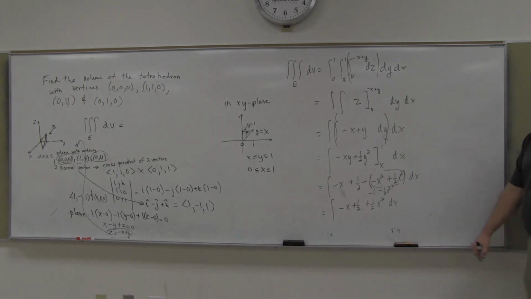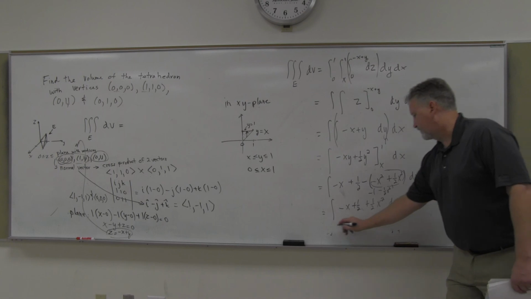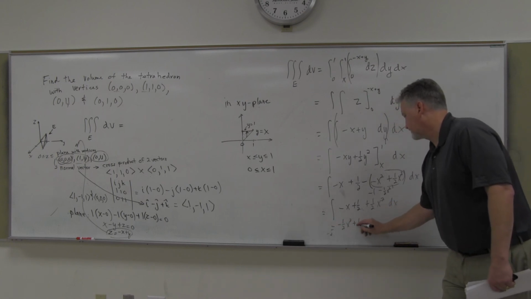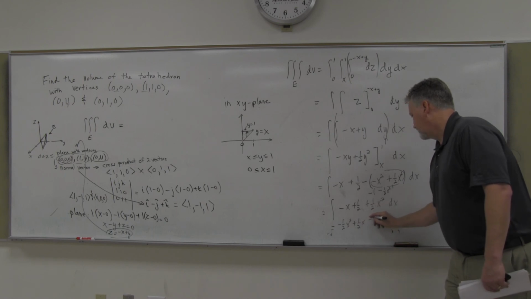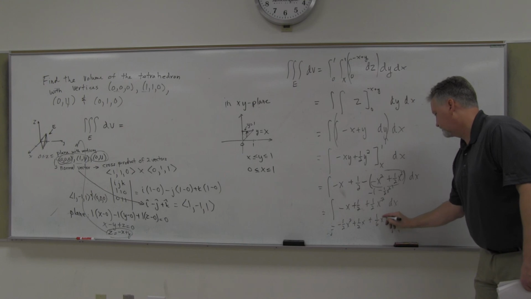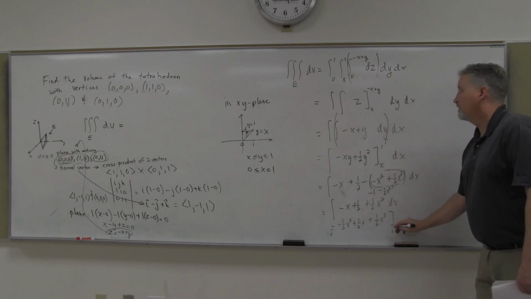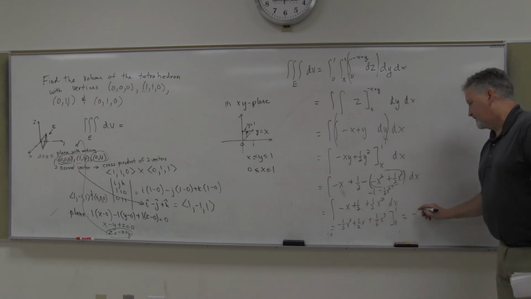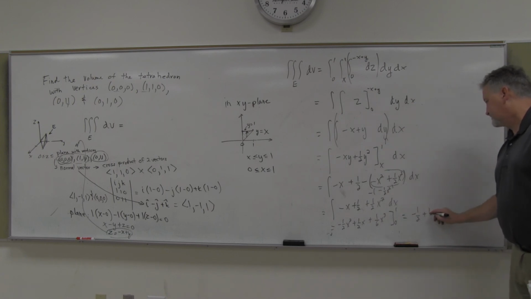Nothing else combines, so we're ready to integrate that: minus 1/2 x squared plus 1/2 x, plus 1/2 times 1/3, so it'd be 1/6 x to the third. And nicely, this one is 0 to 1. So we get minus 1/2 plus 1/2 plus 1/6.